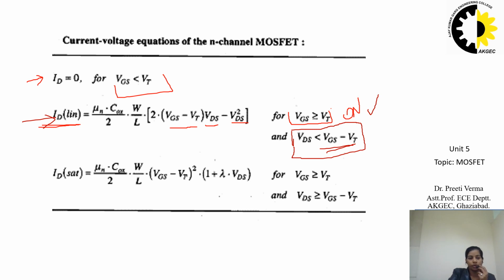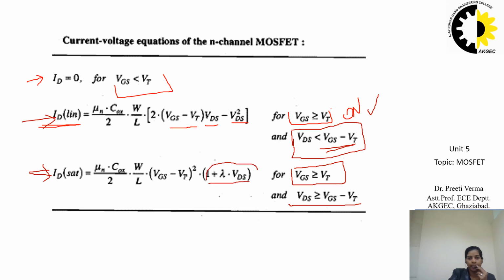And the second mode of operation is saturation mode of operation. When VGS is greater than or equal to VT and VDS is also greater than or equal to VGS minus VT, then we write the current equation as mu n Cox by 2 W by L VGS minus VT whole square multiplied by 1 plus lambda VDS.